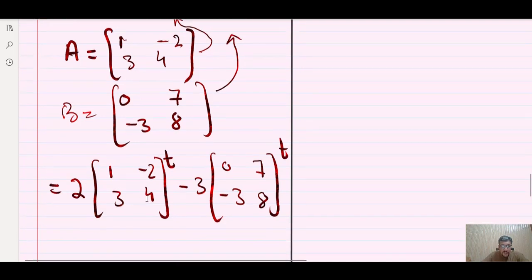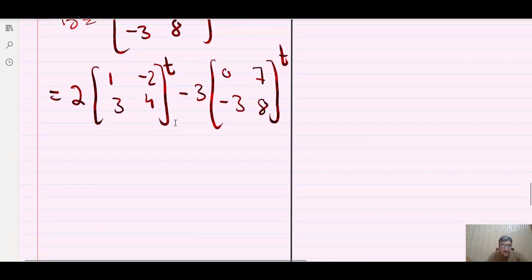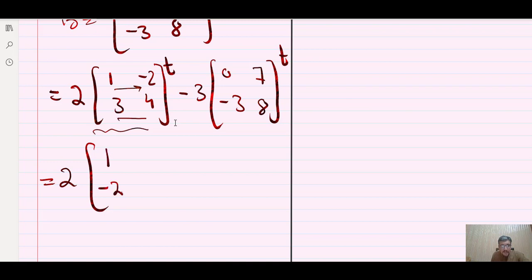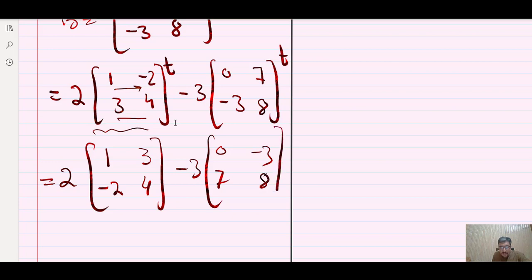So first of all, you have to solve the transpose. If I take the transpose of this, it will become 2 into, in transpose we change the rows into columns. So this row will become a column, that is 1 minus 2, and this row will become a column, that is 3 4 minus 3. In the same way, you have to change the rows into columns, and you have taken the transpose.